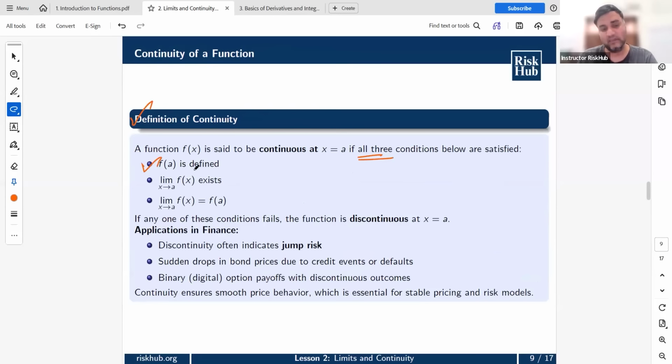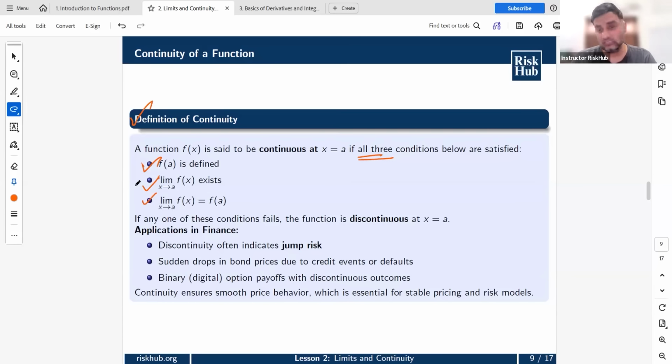First, f(a) is defined, the function value exists. This means the function is defined at that point. Second, the limit as x tends to a of f(x) exists, meaning the function approaches a specific value as x gets close to a. Third, the limit as x tends to a of f(x) equals f(a), the limit equals the function value.